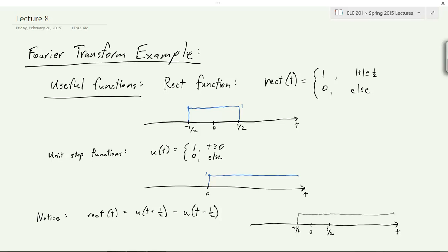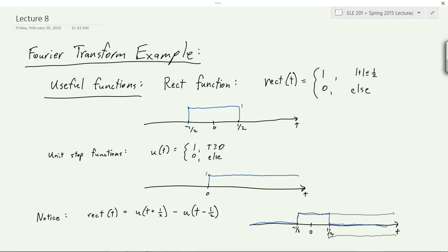Second term is another unit step function shifted to the right by a half. Oh, that's ugly. All right, and when you add these, of course, you get what we want. Goes up, over, down, and over. So 0 everywhere except between negative half and half.